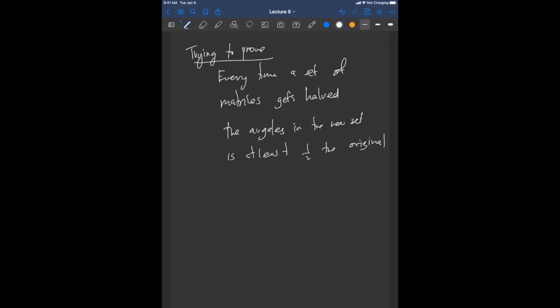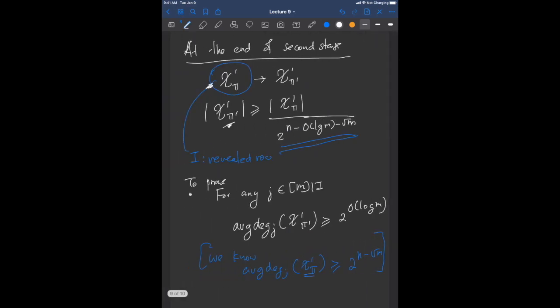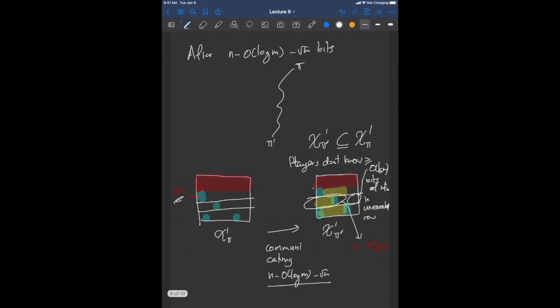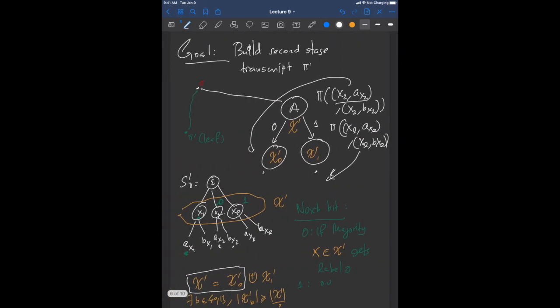Okay, if you believe this intuitive statement, what can we say? We knew that for every bit of communication, we chose the next bit by ensuring that we kept at least half the matrices, right?